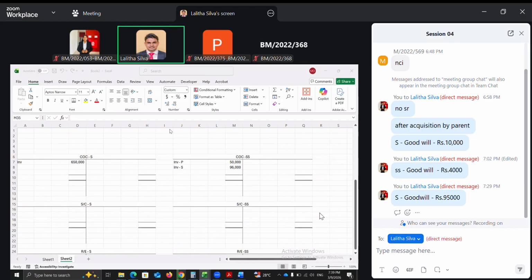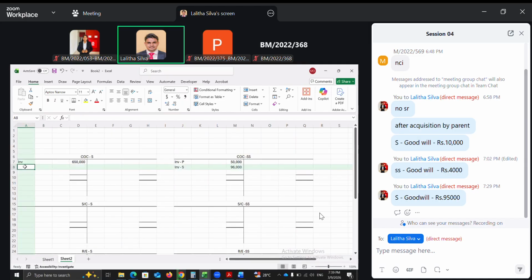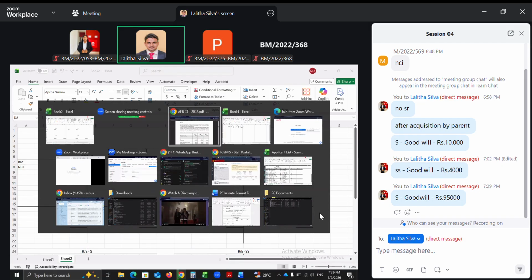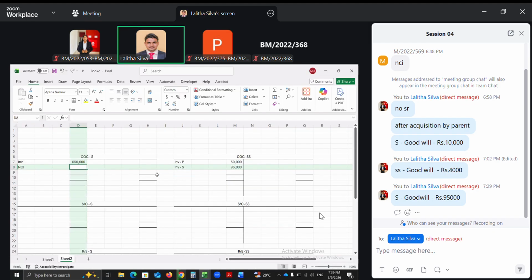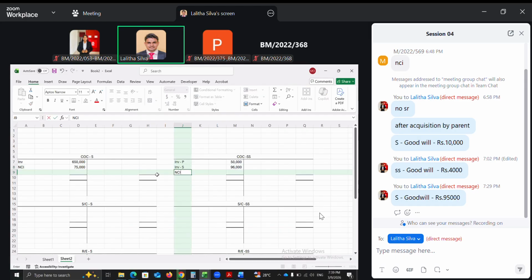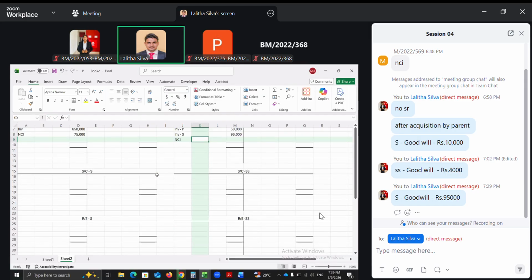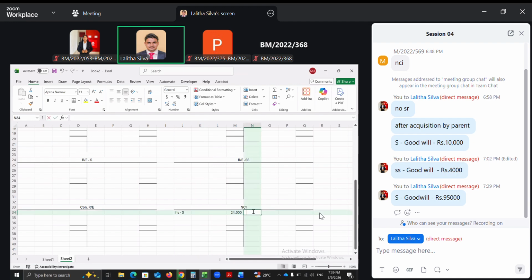Then we need to take the fair value of the NCI. The fair value of the NCI of S at the date of acquisition was 75,000. Here it's 75,000, COC debit, NCI credit.